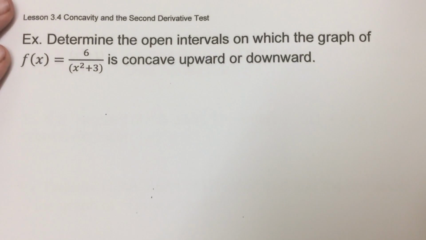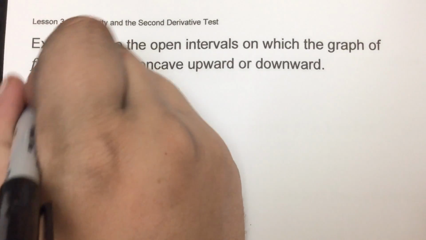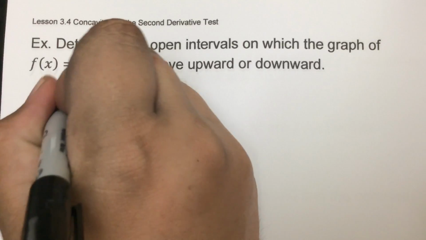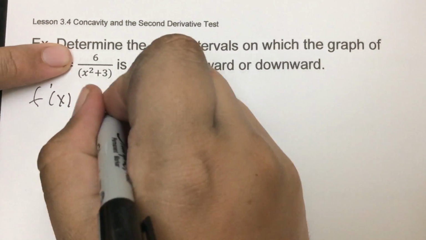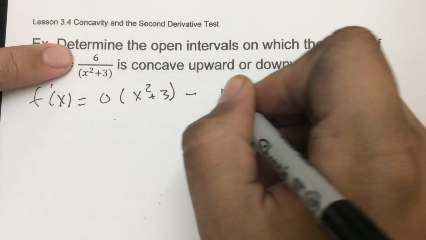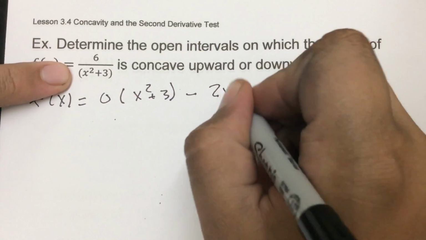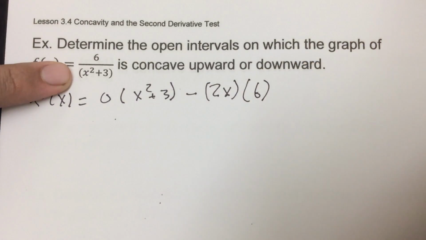So determine the open intervals on which the graph of 6 over x squared plus 3 is concave up or down. So the first thing I'm going to do is find the first derivative. So the derivative of the top would be 0 times the bottom minus derivative of the bottom, which would be 2x, times the top.